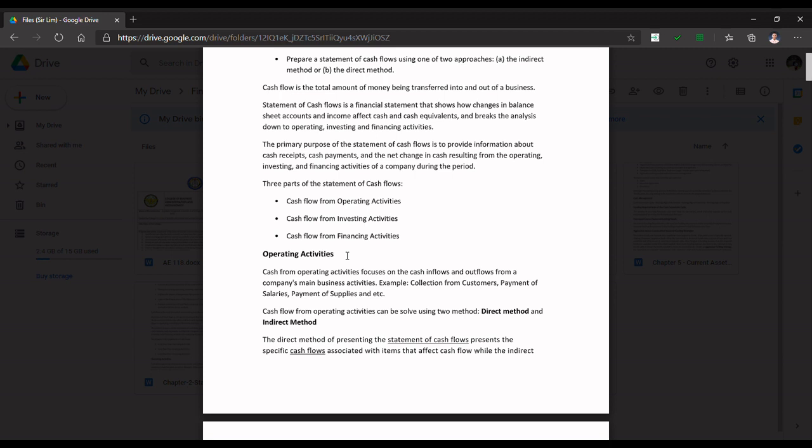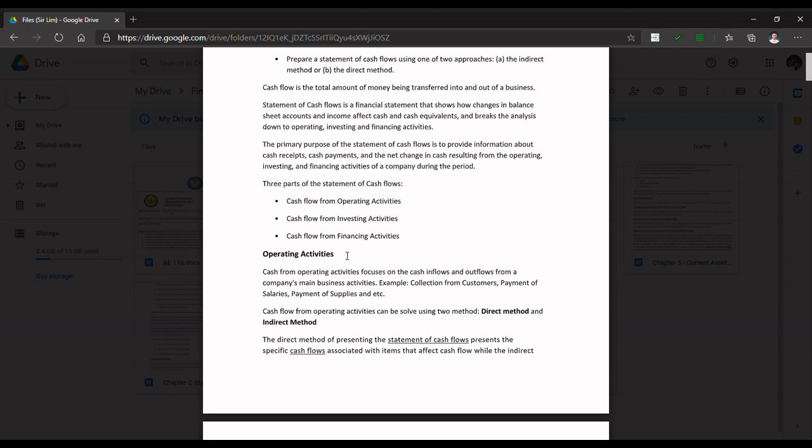So the operating activities, cash from operating activities focuses on the cash inflows and outflows from a company's main business activities. Okay, so either collecting from customers, payment of salaries, payment of supplies. These are the common activities in a business involving cash.